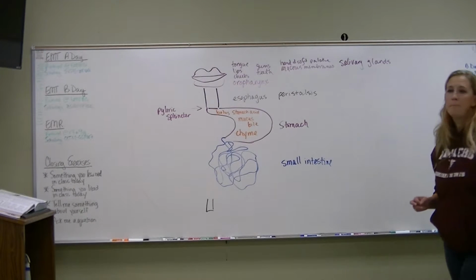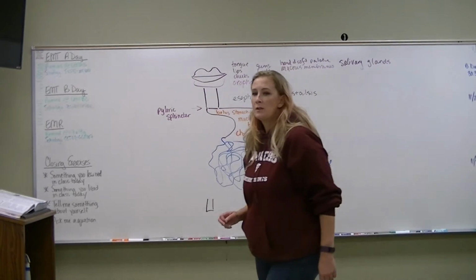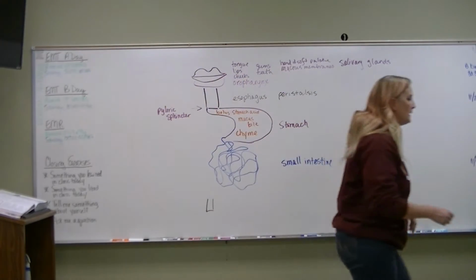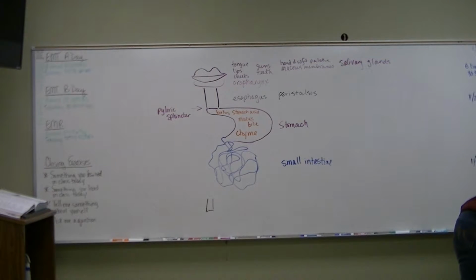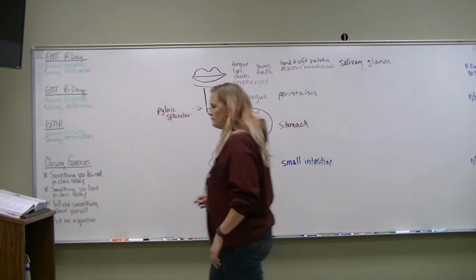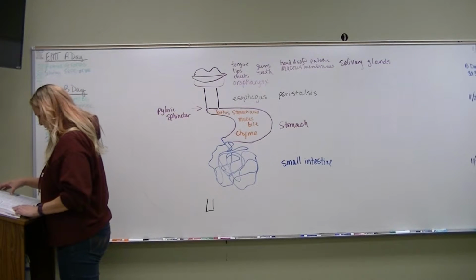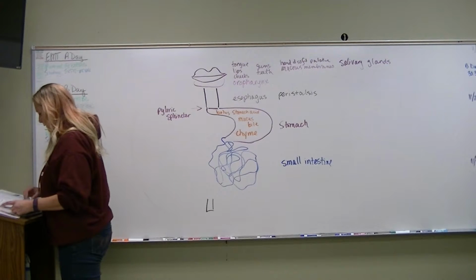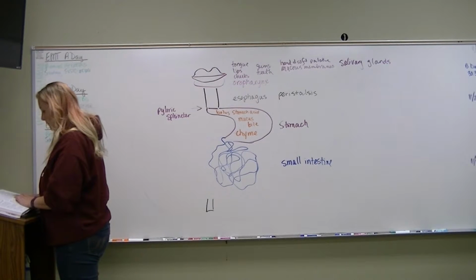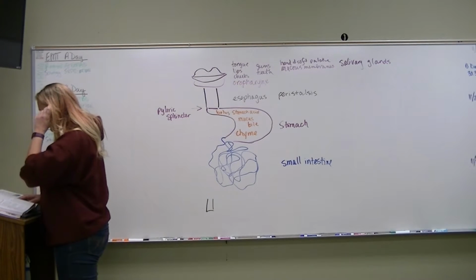So we need to break it down into its chemical compounds so we can get the nutrients that we need, right? Okay. And that's where it starts absorbing it. That's where we start absorbing things.